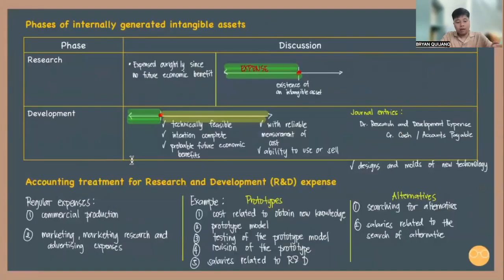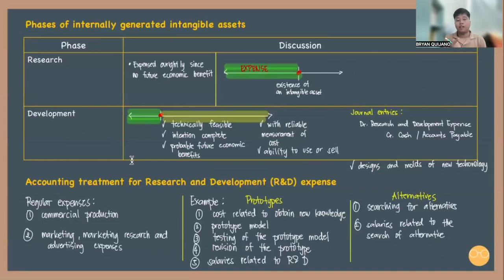Now, let's talk about the phases of internally generated intangible assets. Let us say that we are obtaining new knowledge, or we are searching, or we are evaluating applications of research findings. Then you are searching for alternative materials, alternative processes, alternative systems.